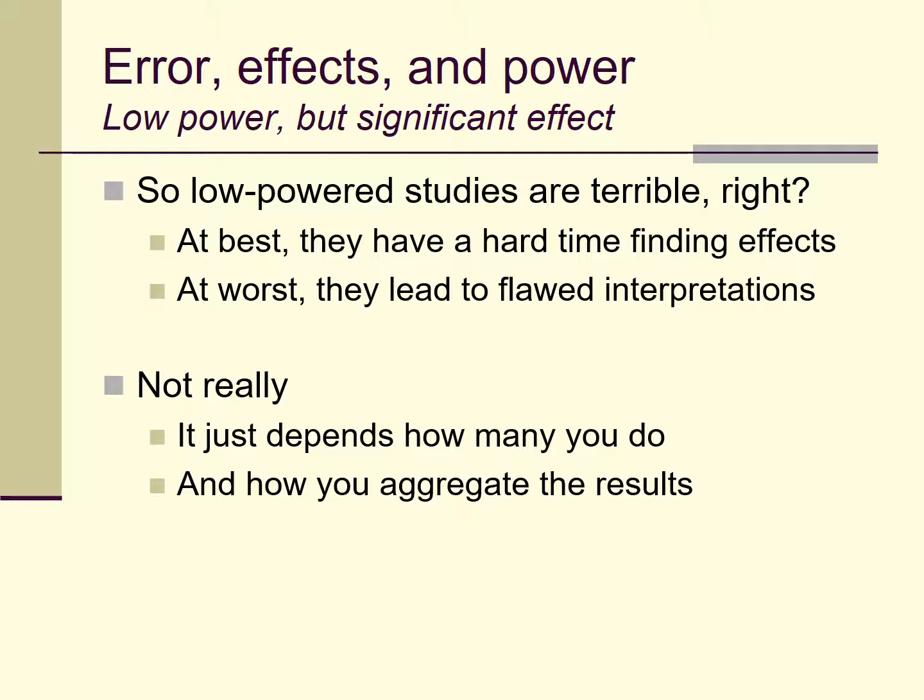That's bad. That creates a distorted literature which can lead to all sorts of really significant problems in interpreting results. What's not bad, though, is when people run a series of studies which may have low power, but they report their results and they aggregate them using meta-analytic techniques.